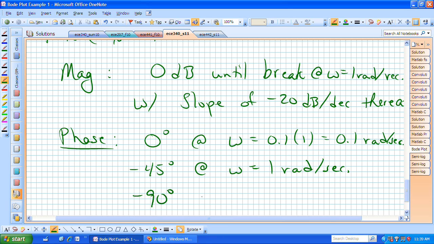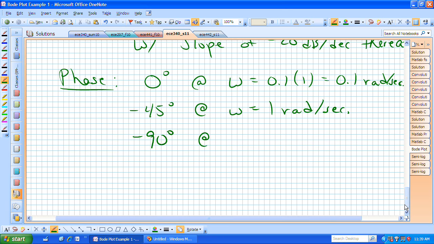In these straight line approximations, we assume we're at the limiting value of the phase contribution of this single pole factor, which is minus 90 degrees, a decade beyond the break frequency.